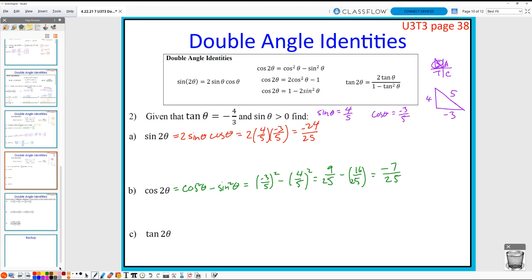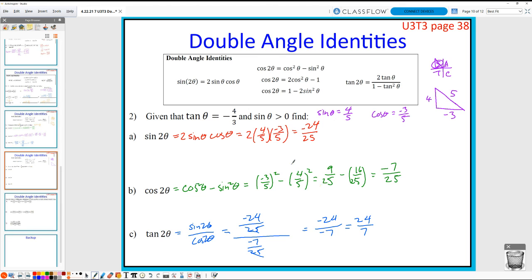Last but not least, let's go to tangent of 2 theta. Again, I'm going to use sine of 2 theta over cosine of 2 theta. That's -24/25 over -7/25. The 25s cancel. I get -24 over -7, which is 24/7. So these are my 3 values.